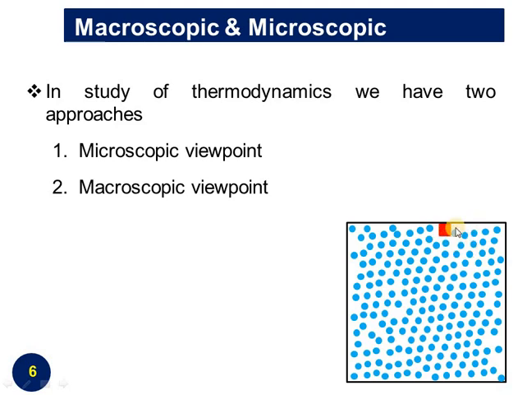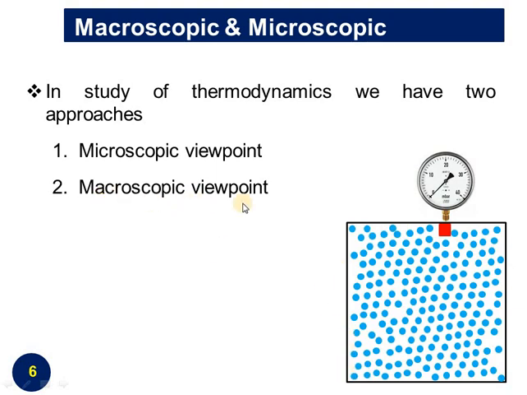Suppose in this small portion, molecules exert force on the wall of the system which generates the pressure, which we can measure easily with the help of a pressure gauge, and we can tell the value of pressure for the entire system.